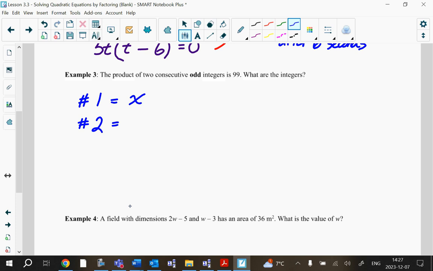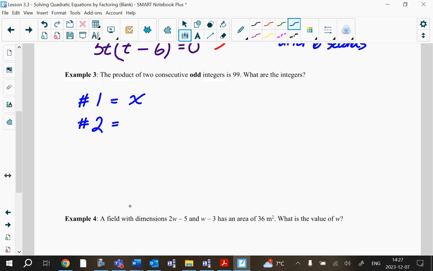What's the next consecutive odd number after 5? 7. What's the next consecutive odd number after 29? 31. What are you always doing to get the next one? Adding 2.